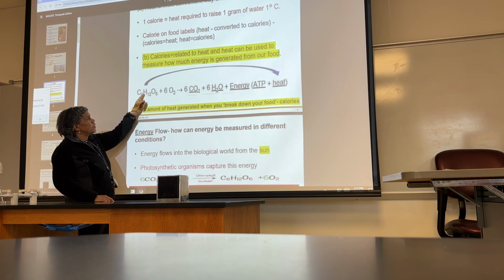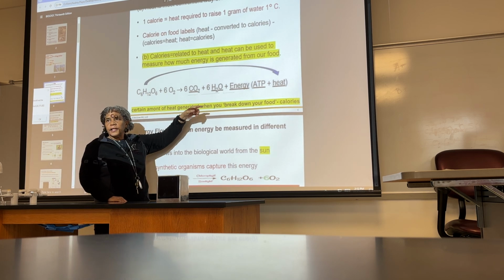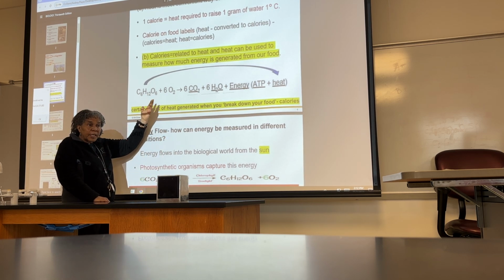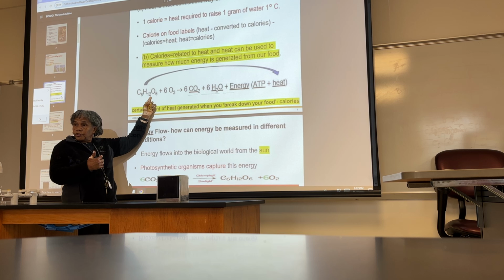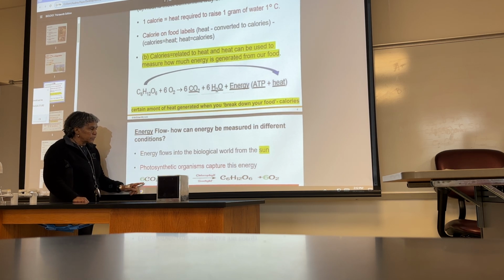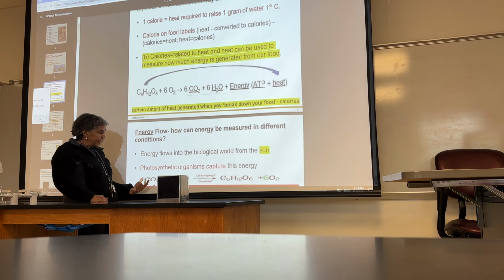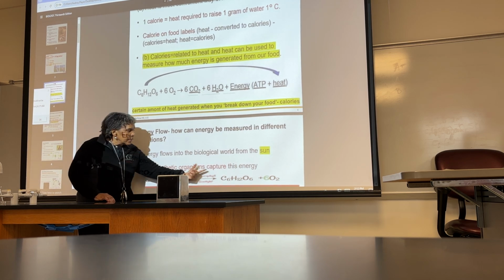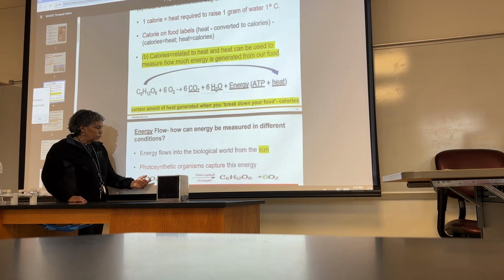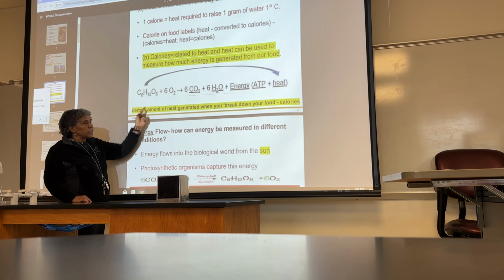When you eat, this is the equation for you processing the food that you eat, getting energy from it. And this is photosynthesis, which uses light energy to drive the process. So there's light on this side. And I want you to know the difference between this equation and this equation.